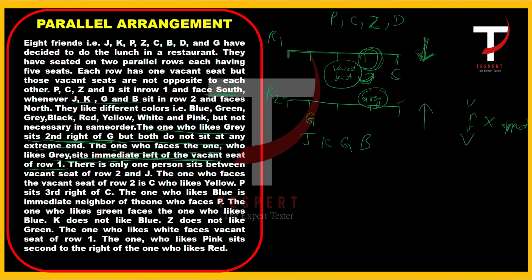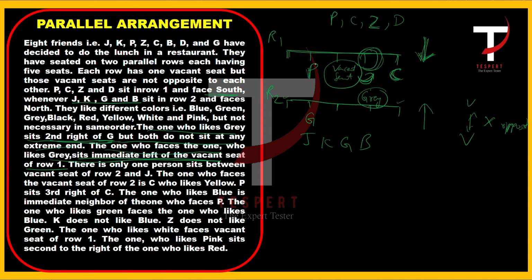So C is here and P should sit third right. This is the first right of C, second right and third right of C. So P should come here, right?